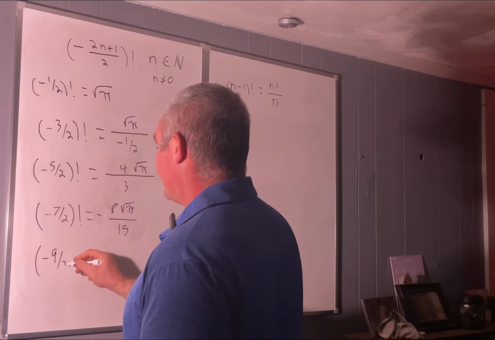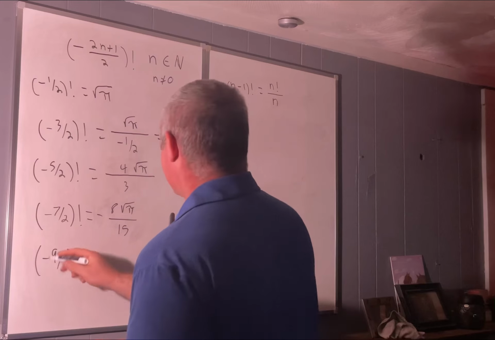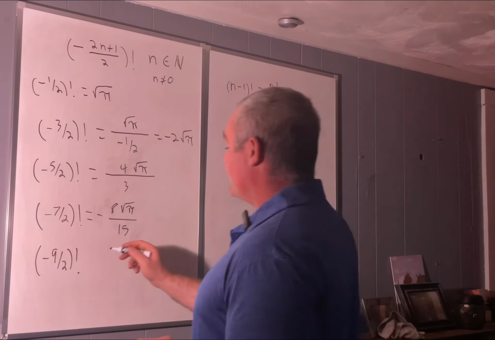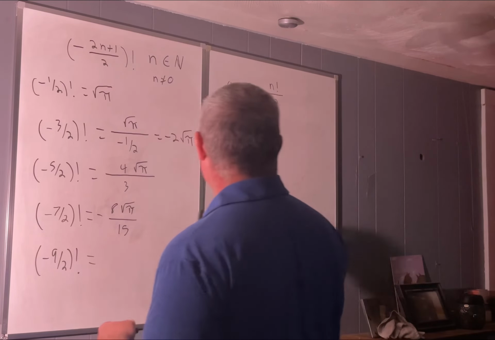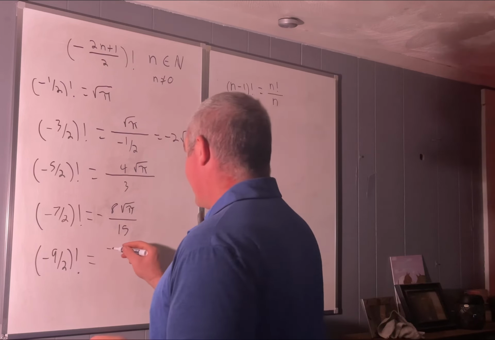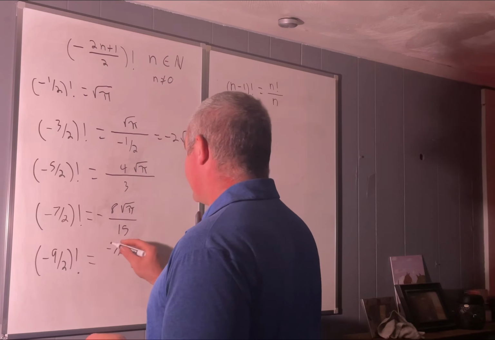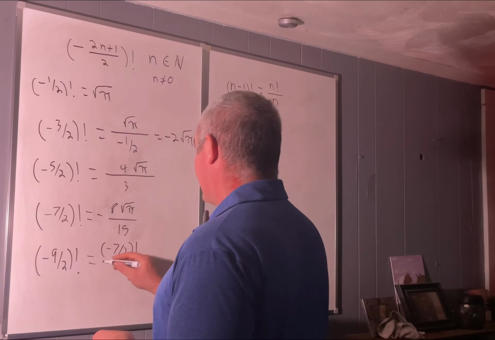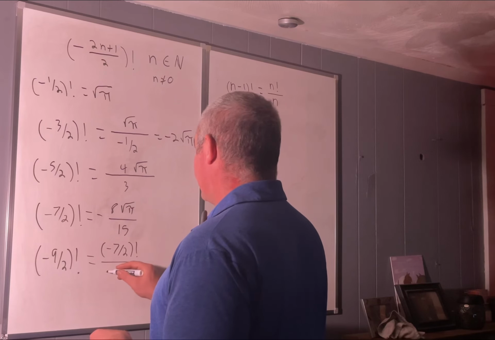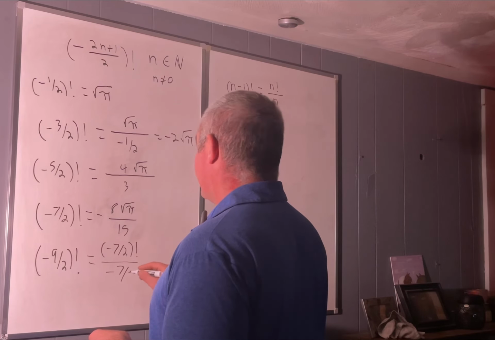Negative 9 halves factorial. Well, that's our n minus 1. So that's going to be equal to, well, our n would be negative 7 halves factorial over negative 7 halves.